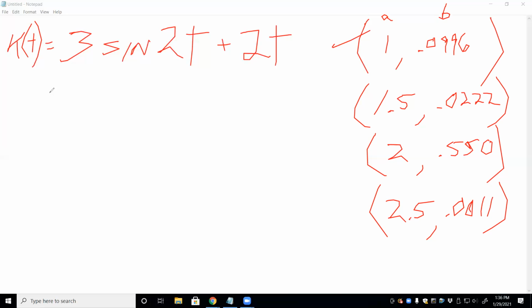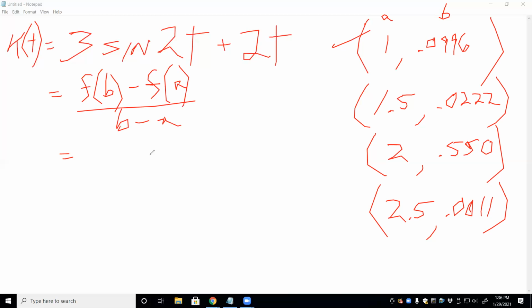If we want this first one right here, substitute it in. What is f of b? In fact, let me do this. So f of b in this context is 0.0996. Hold on. Let's substitute first before you give me a number. This is pretty important, because it tells you how you got that number.